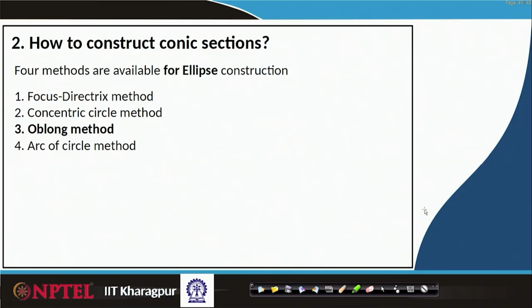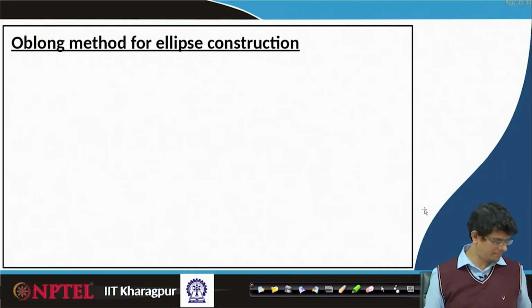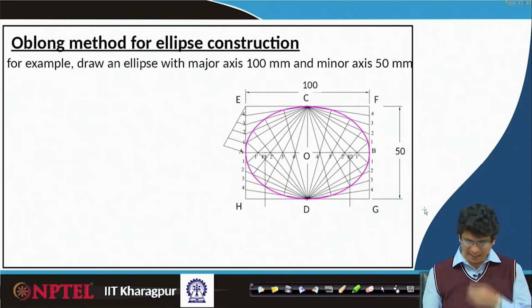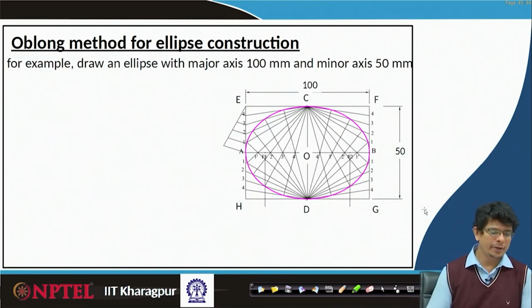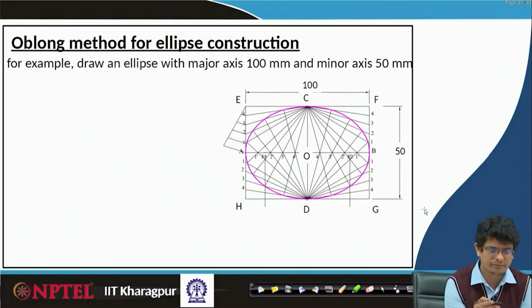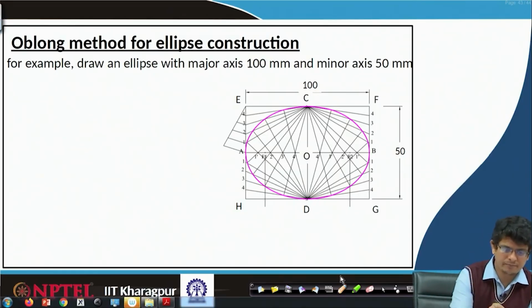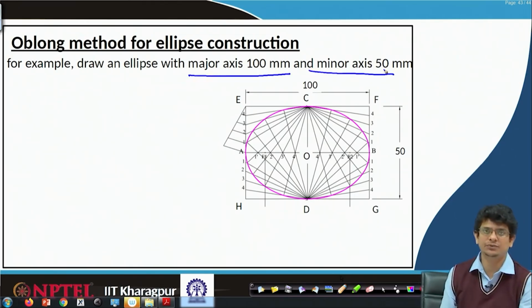Okay. After doing this concentric circle method, we will go with the oblong method. In this oblong method, we basically construct a rectangle based on the major axis 100 mm, and here in this example the minor axis is 50 mm.